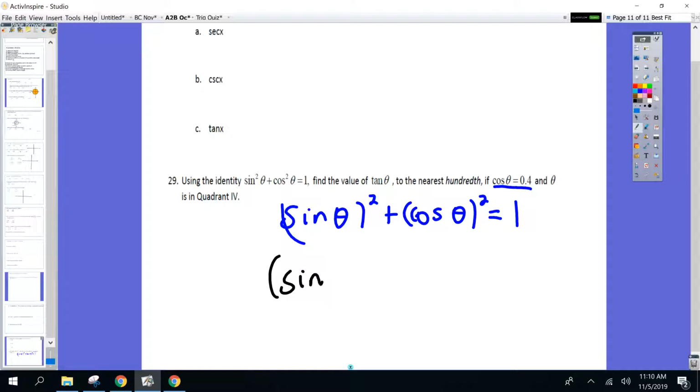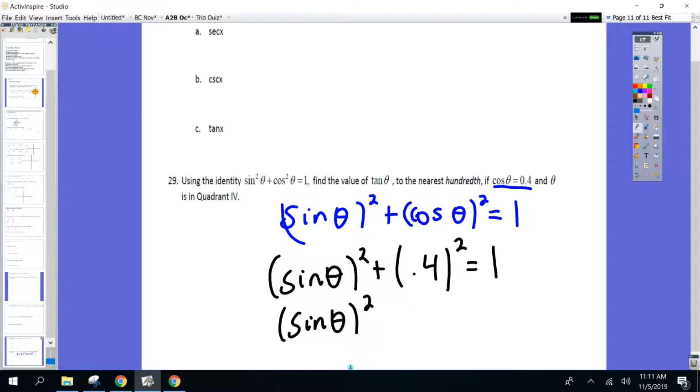So I have sine theta all squared plus 0.4 all squared equals 1. So 0.4 squared, go ahead and move it over to the other side. Get sine all by itself. You should have gotten 0.16. Move it over. How?